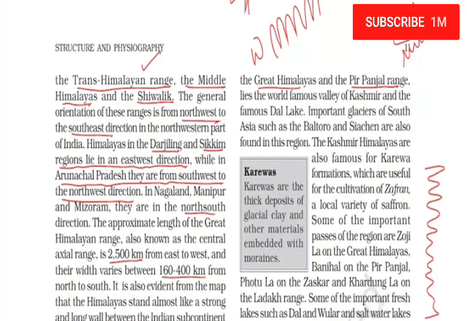And over a period of time, as I told you, fold mountains keep rising. When they rose, water in these lakes came out, and a small depression where the lake is still present is your Dal Lake.